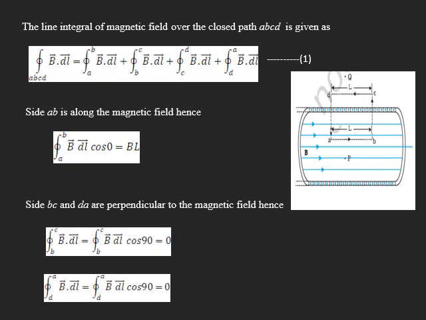Next, sides BC and DA are perpendicular to the magnetic field, which means theta becomes 90 degrees. So B dot dl is equal to B dl cos 90 degrees. Both of these terms go to 0 because they are perpendicular to the magnetic field.